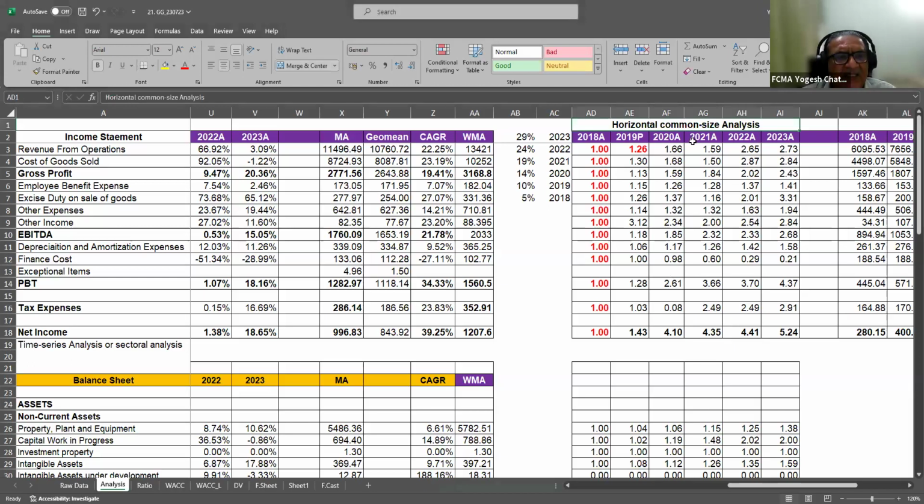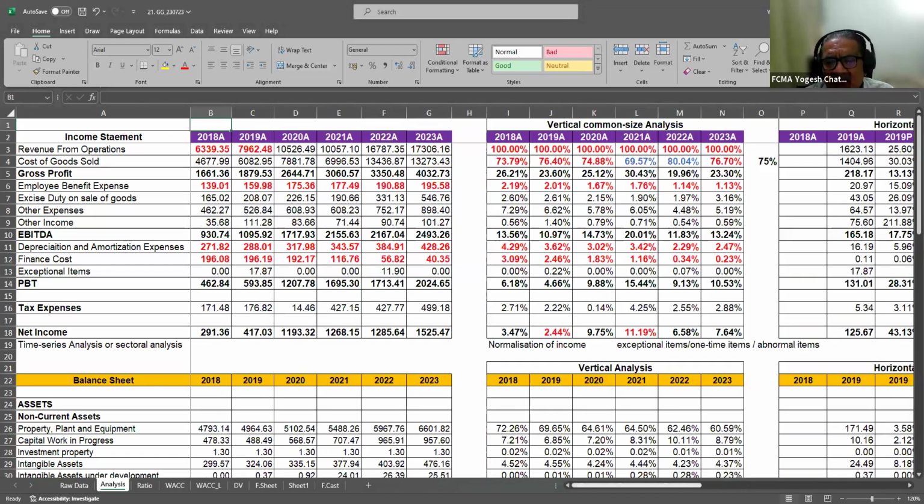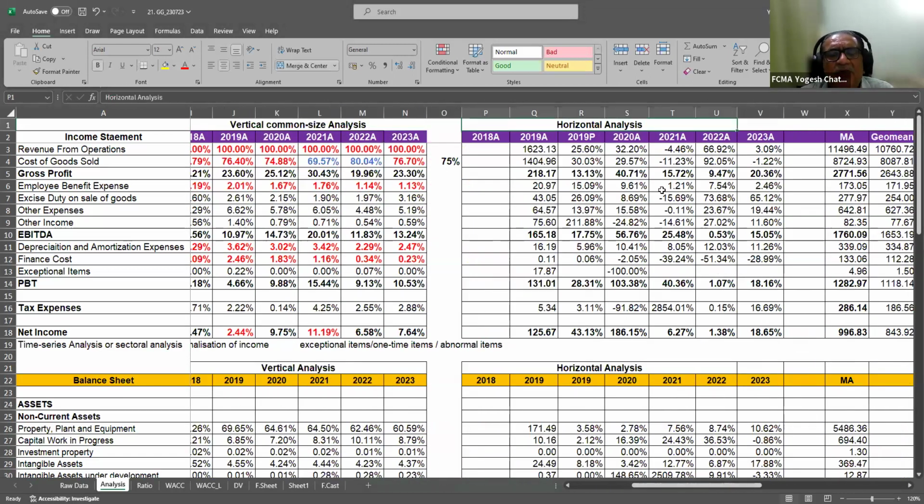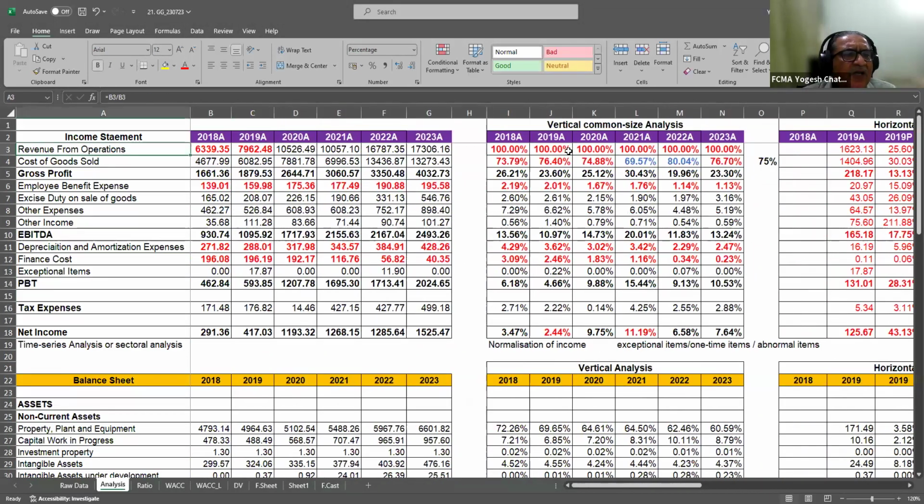Then we can do the horizontal analysis of the financial statement. In horizontal analysis, we compare the current year earning with the immediate past year. That can be done both in absolute as well as in percentage terms. As you can see, the revenue from operations in 2018 was 6,339 crore, gone up to 7,962 crore.